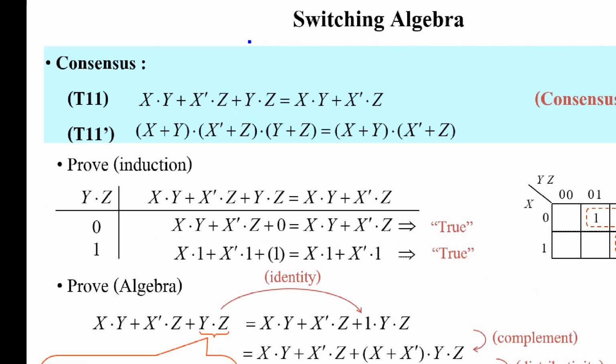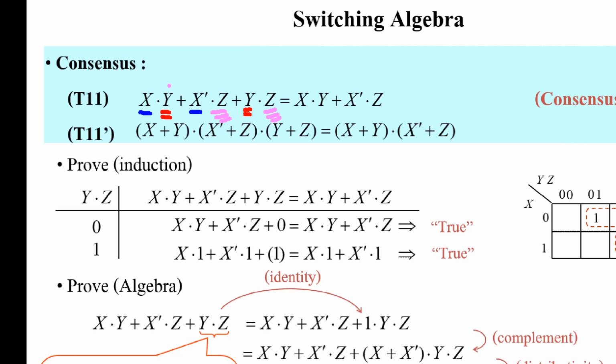So if you use this consensus theorem, that means you can reduce this term. This term relates with these two terms by this pattern: x and something, x prime and something.